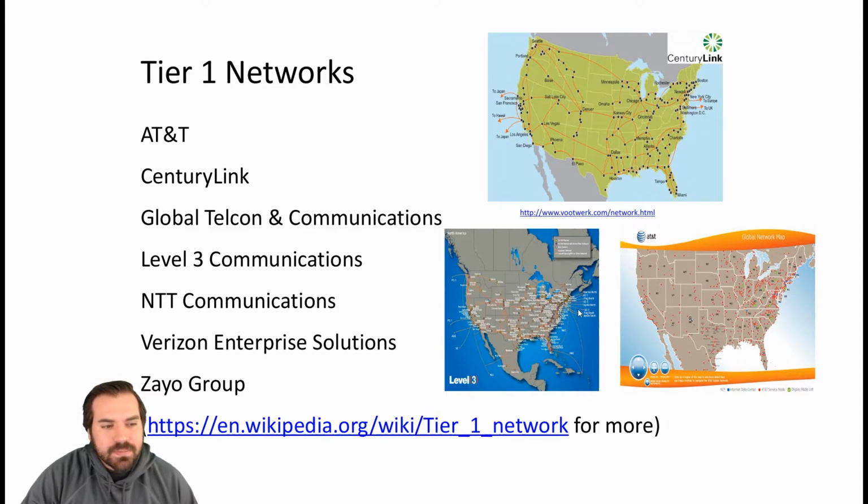So these are a list of tier 1s. You might recognize a couple of these, AT&T and Verizon, I'm sure you've heard of. But the other ones, maybe CenturyLink, but the other ones probably not. Especially L3 Communications. This is the largest tier 1 network in the United States. A lot of your internet traffic is going through L3. And unless you've studied tier 1 networks or you remember my 199 lectures, you probably never heard of L3 before.